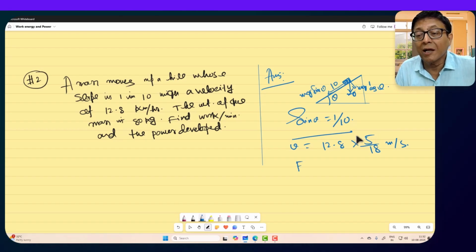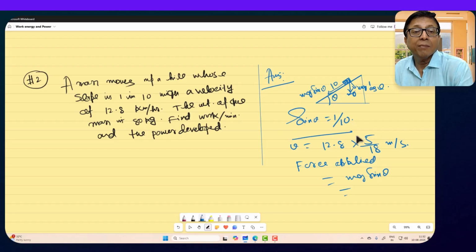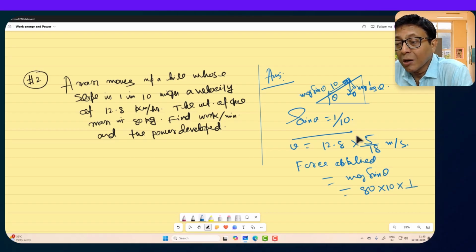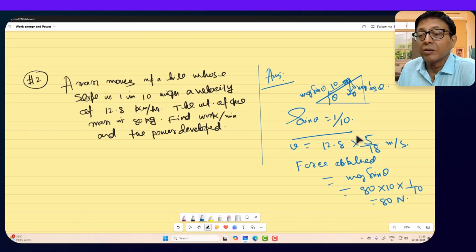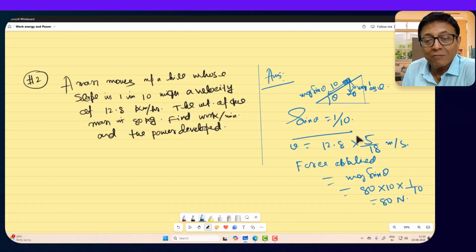So the force applied will be mg sin theta. Mg sin theta means 80 times 10 times 1 by 10. So 80 Newton. Clear? This force is 80 Newton.